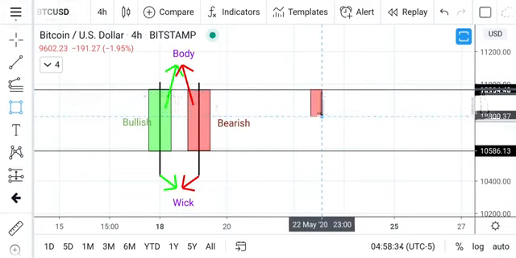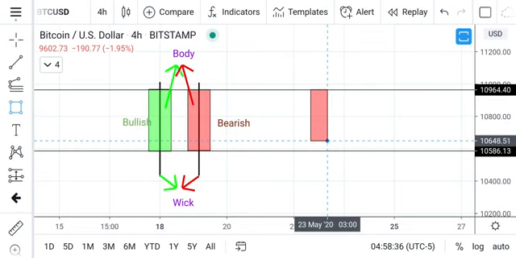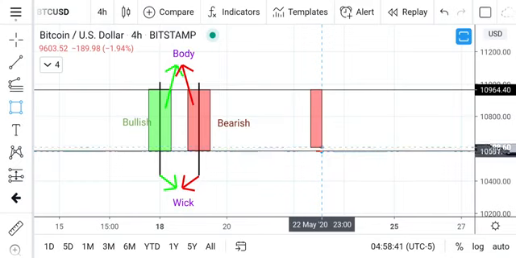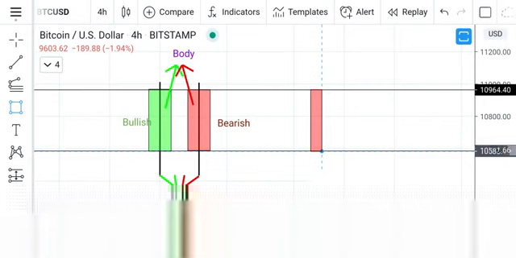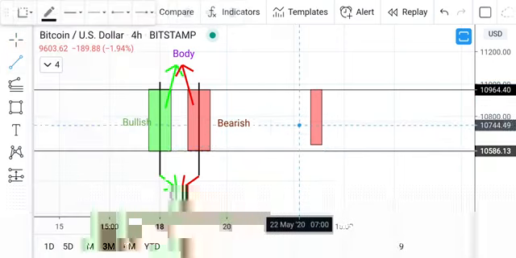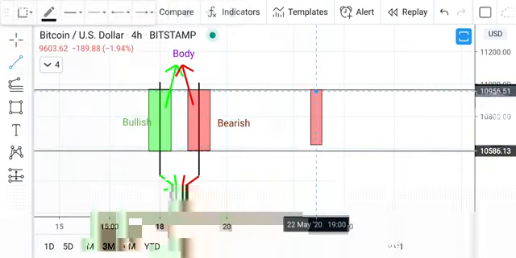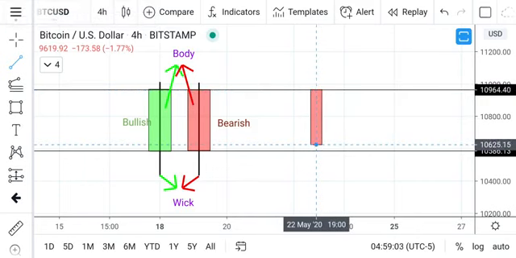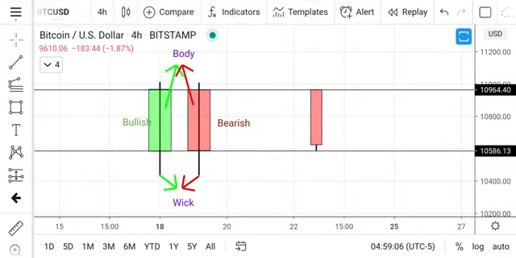Sellers start selling downward, and it gets to a support. This lower black line over here is support. When the price gets to support, it goes up a little bit and you get a little price rejection. That is when you get the wick. So that's how a bearish candle forms.